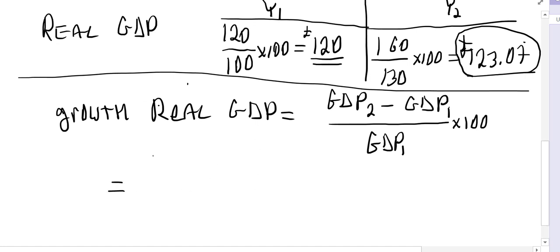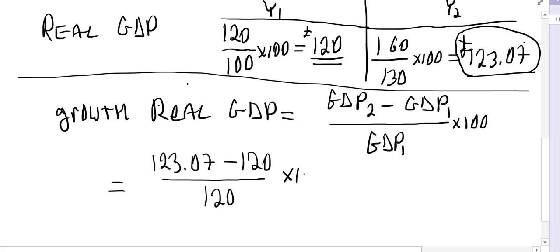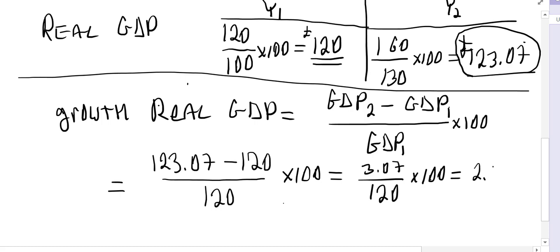Now, if we plug in the numbers, real GDP for last year minus 120, over 120, times 100. That's going to give me something like 3.07 over 120 times 100, which is equal to about 2.56%. Wow, that's the real GDP growth.